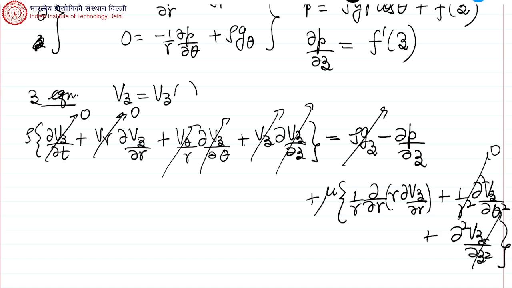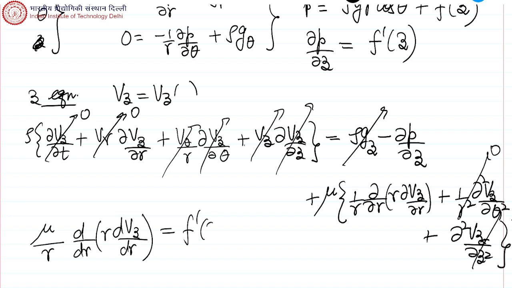So what I'm left with is mu upon R d by dr of R dVz by dr is equal to f prime of z.